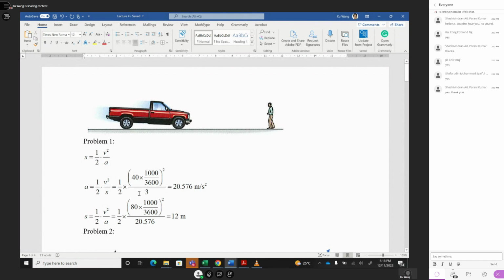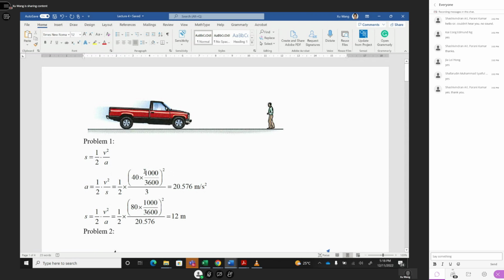Now we know the initial speed is 40 in SI units, 1,000 divided by 3,600. We know the stop distance is 3, right? And then we should be able to calculate the acceleration. So you swap the position of S and a, and the formula becomes this. The initial speed is 40 kilometer per hour.